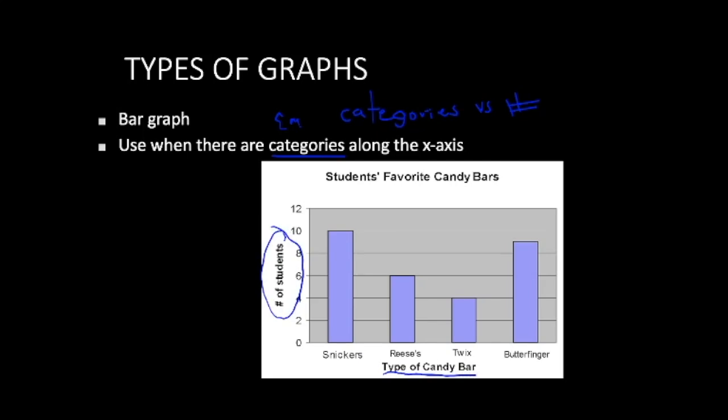This is a proper bar graph. It's called a bar graph because there are bars that indicate how many land in each category, in this case, the types of candy bars.